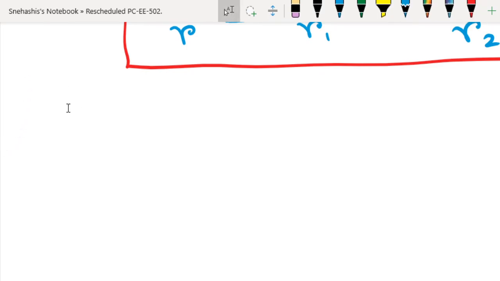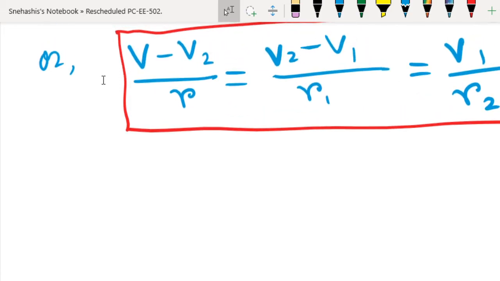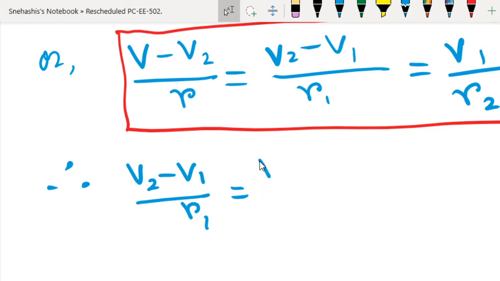So from this relation, it is evident we can write V2 minus V1 divided by R1 equal to V1 by R2. Second terms and third terms we are taking.